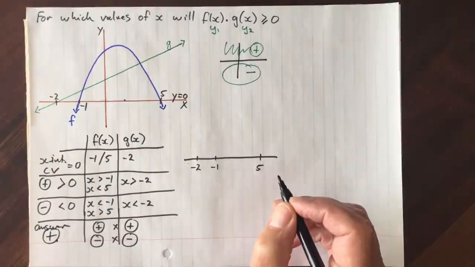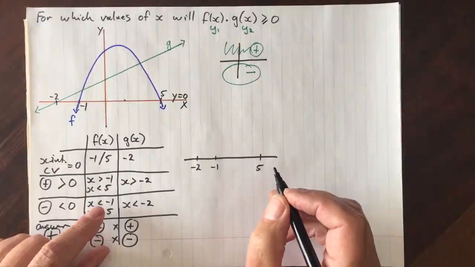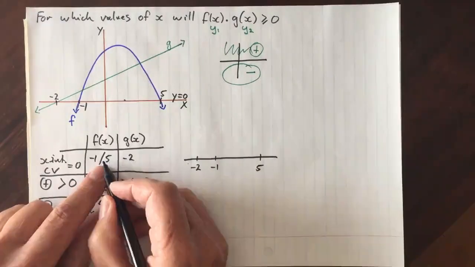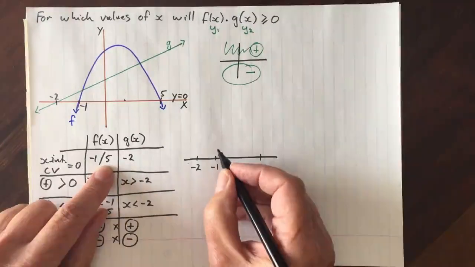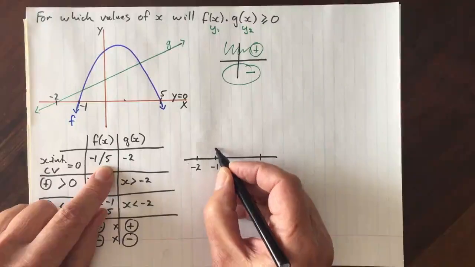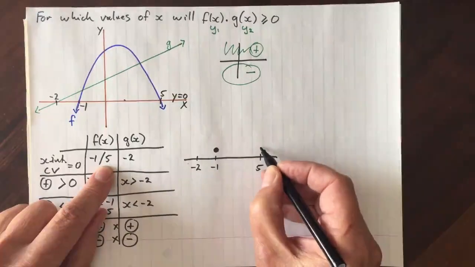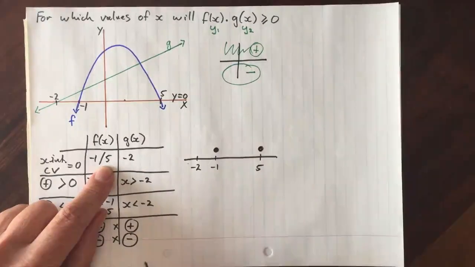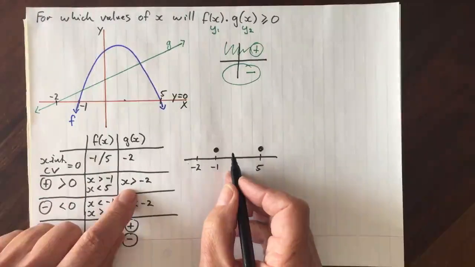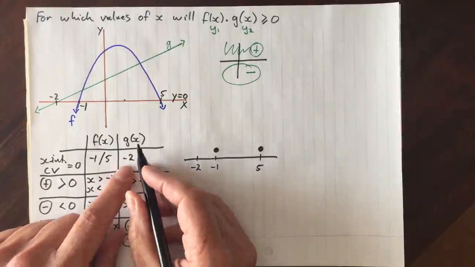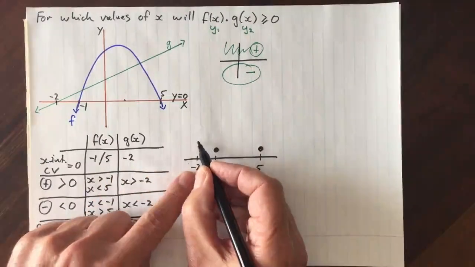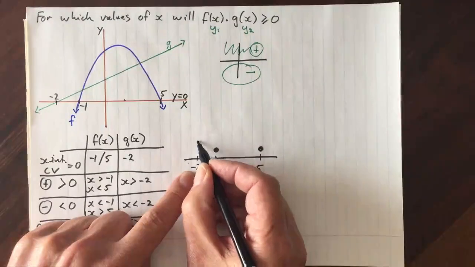Now let's choose our critical values for my parabola over here, -1 and 5, and we're going to work with a closed dot over here at -1 and 5. Just keep them in a straight line. And my g(x), let's just put it a little bit above. You'll see why we're going to do that now.